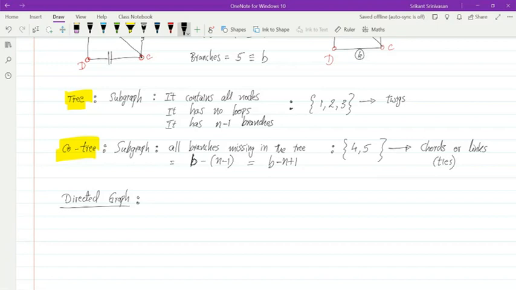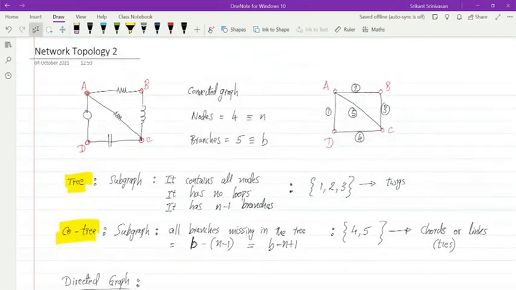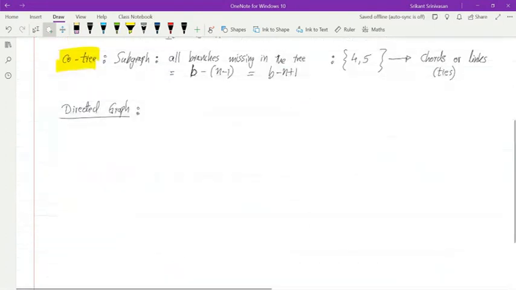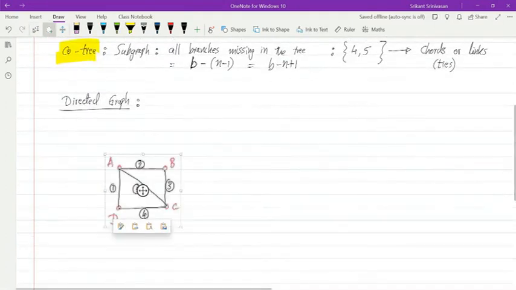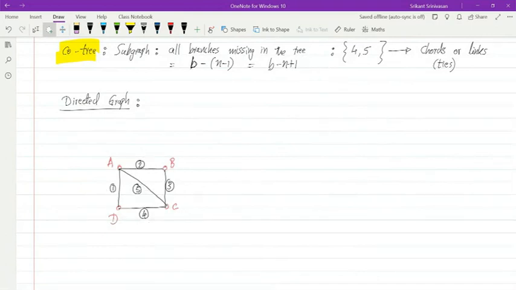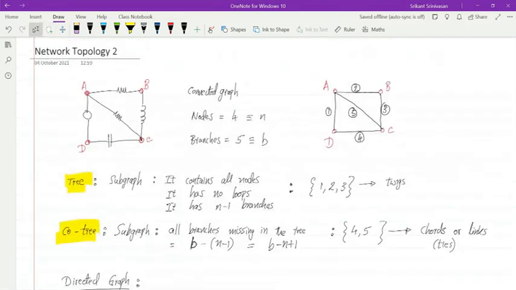Okay. Now, we saw originally that there is some voltage source over here. Maybe that voltage source is something like this, plus and minus.